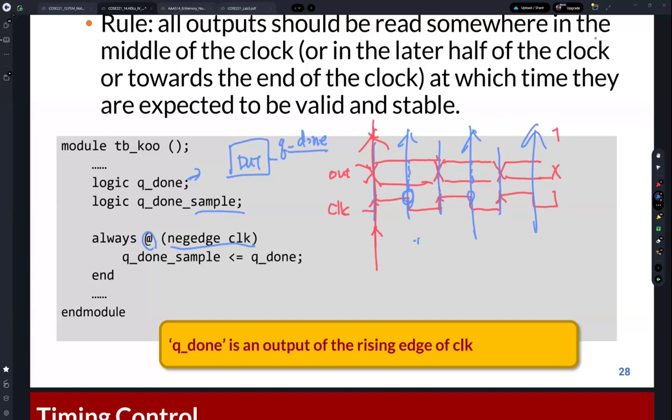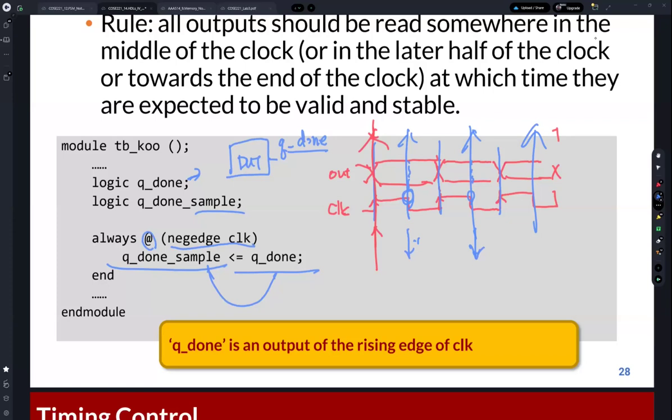So this is the negative edge of the clock, and on the negative edge of the clock I will sample the output. So Q_bottom is assigned to Q_bottom_sample.